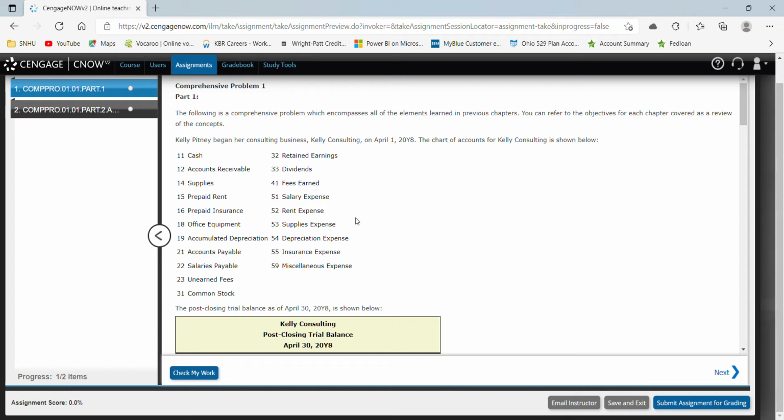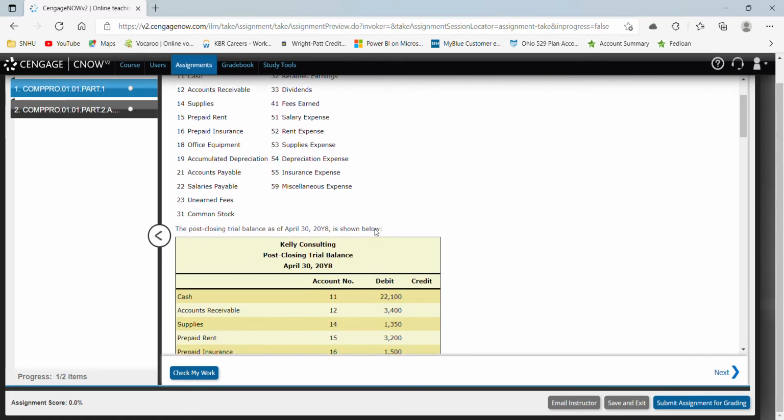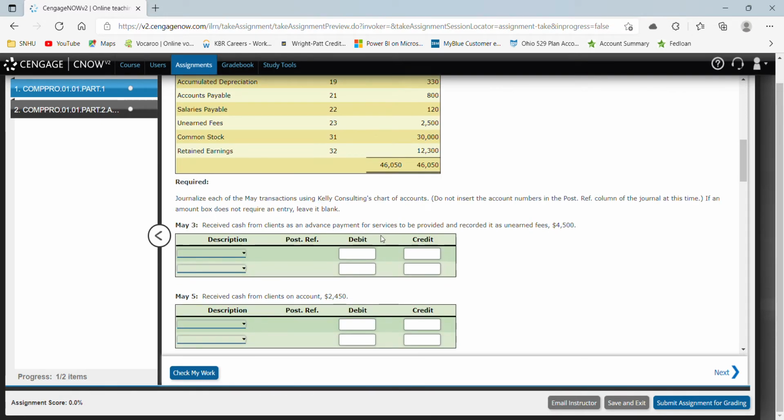You don't need to get creative and one time call this salaries payable and then wages payable and then maybe labor payable. It's always just salaries payable. So stick to the chart of accounts. I think Cengage does a good job of making you do that in this homework. So let's walk through a few of these transactions.